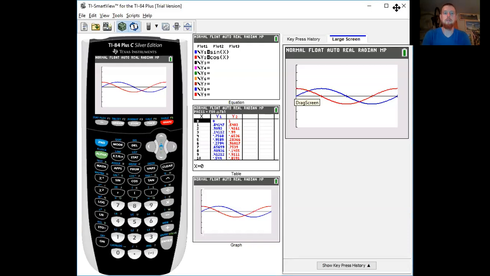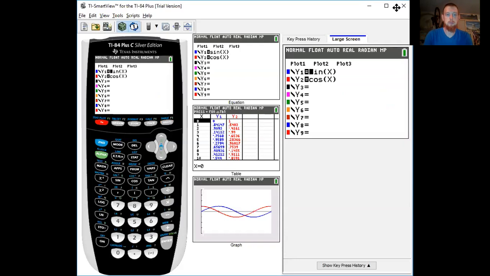How do I do that? Which of those parameters that we just talked about, A, B, C, or D, does a horizontal shift? Well, that actually happens when you take the angle and you change it.